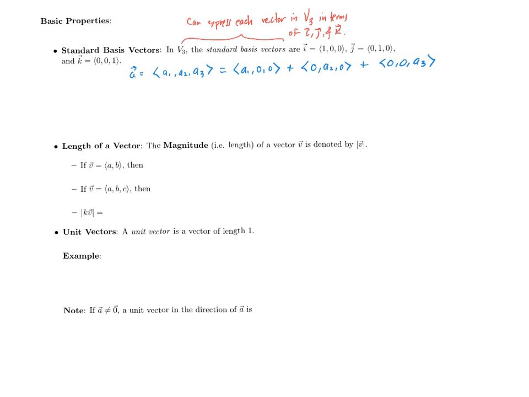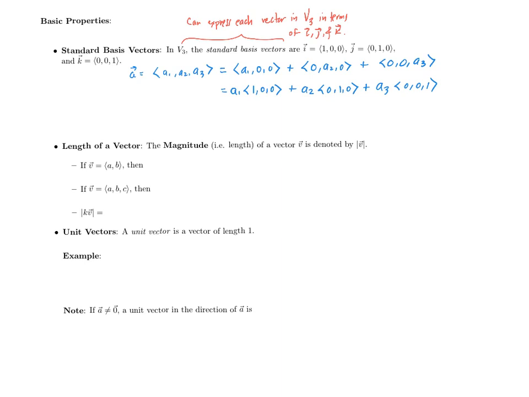And then furthermore, thinking about how scalar multiplication works, we could pull that a1 out of the first vector and have a 1, 0, 0 left over. We could pull the a2 out of the second vector and have a 0, 1, 0 left over. And pull an a3 out of the third vector and have a 0, 0, 1 left over.